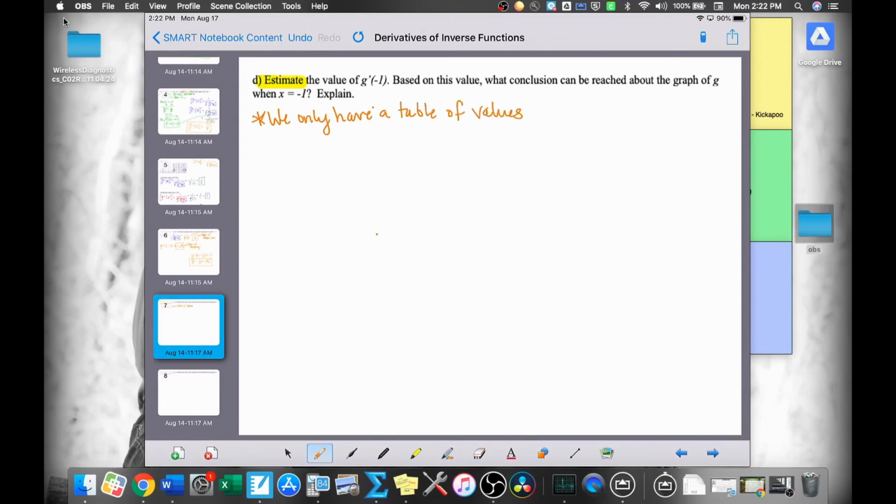So we have to estimate values of g prime of x, which are our slopes, using points from g of x.